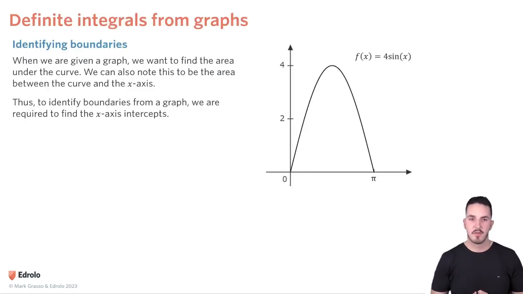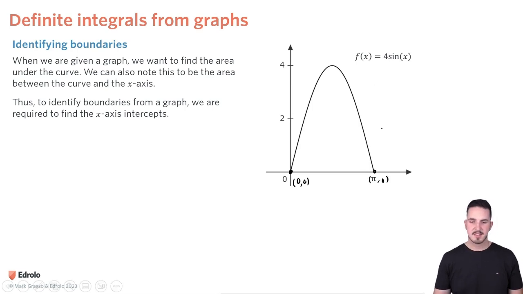So definite integrals from graphs. So when we are given a graph, we can identify boundaries. So we want to find the area under the curve. So we can also note this to be the area between the curve and the x-axis. So thus, to identify boundaries from a graph, we are required to find the x-axis intercepts. So for example, if we look at the graph of f of x equals 4 sine of x between 0 to pi, we can see that our x-axis intercepts would be the origin, so 0, 0, and obviously pi, comma, 0.